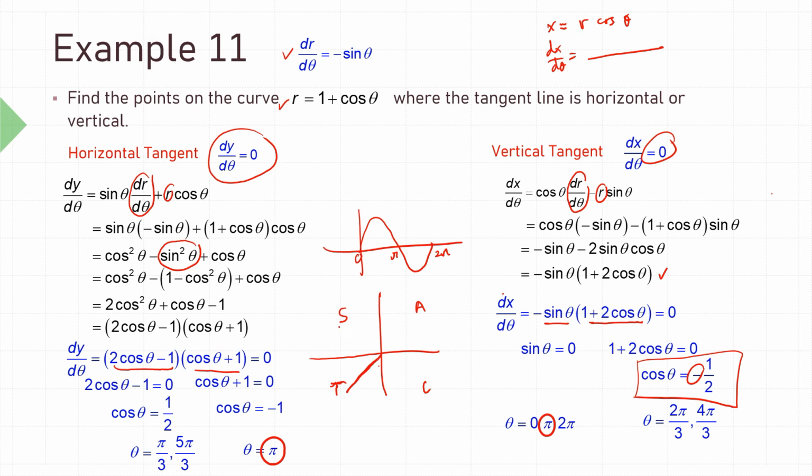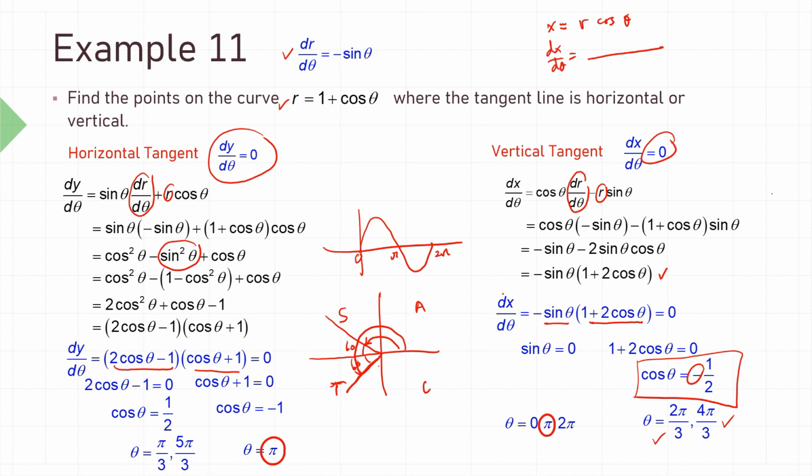Cos is negative here. Now this is 60 degrees and this is 60 degrees. So the angle is from this to this and this one. You can get 2 pi over 3 and 4 pi over 3. All right, so that's the theta.